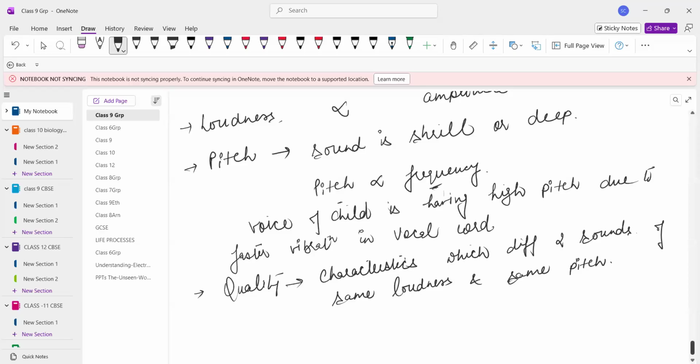This quality depends on the waveform formed by the sound.